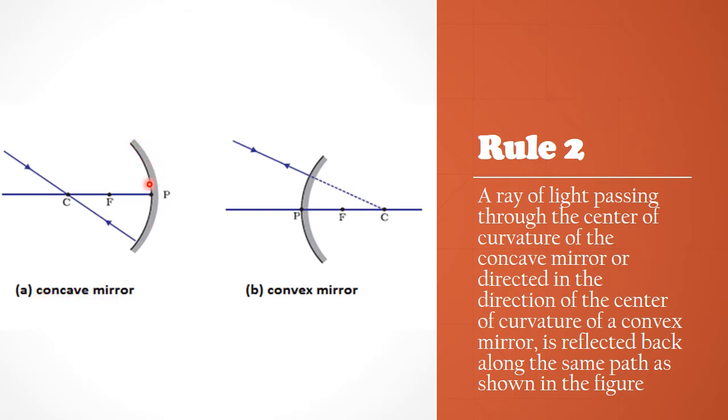This is your concave mirror. It has a center of curvature denoted with capital C. Whenever a light is directed towards or passing through the center of curvature, after reflection, it will move back along the same path.